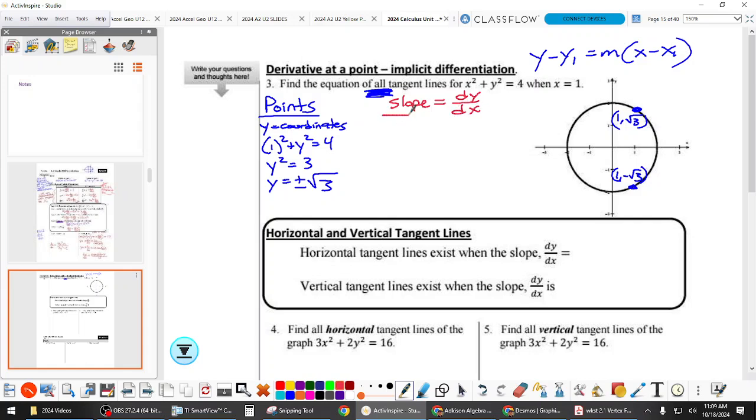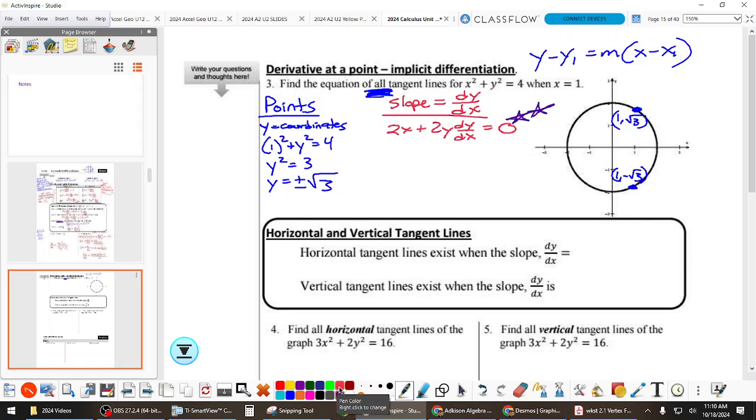Okay. So 2x plus 2y dy/dx equals what? 0. Yeah, be careful there. Since it's just a constant, it doesn't matter what we take the derivative with respect to, right? It's just 0.